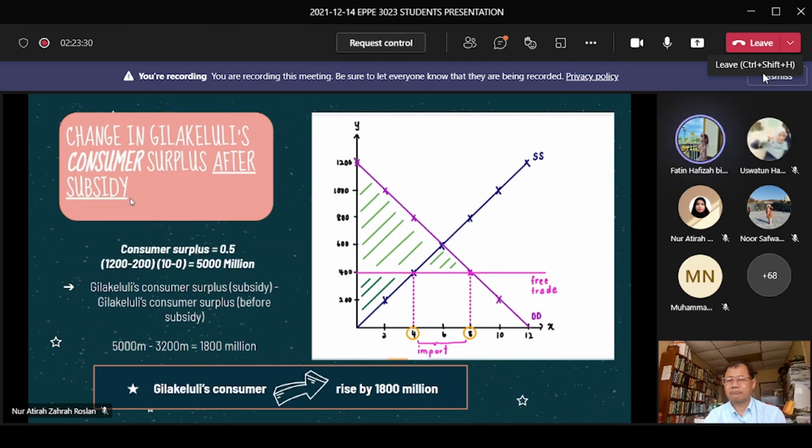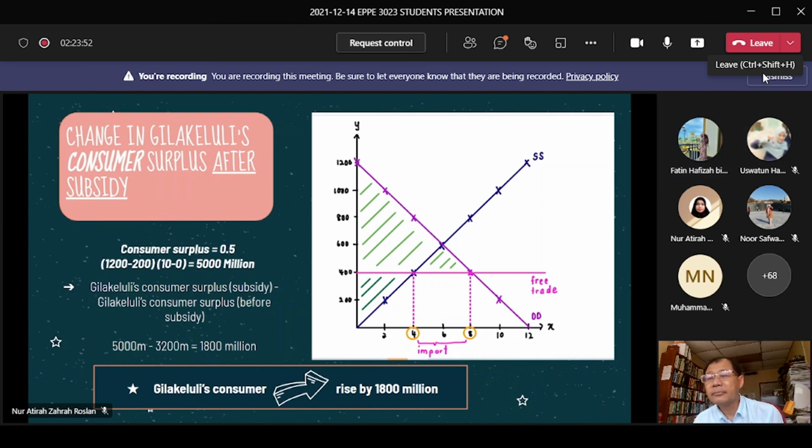For consumer surplus after subsidies, the calculation is we take Gila Kaluli's consumer surplus after subsidy and subtract Gila Kaluli's consumer surplus before subsidy, and we will get 1,800 million.